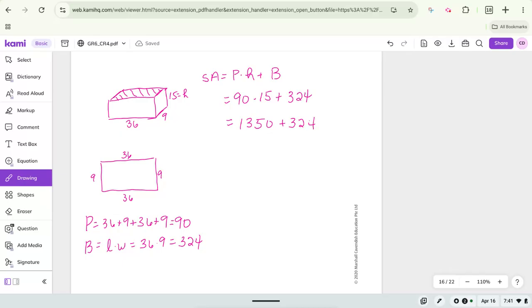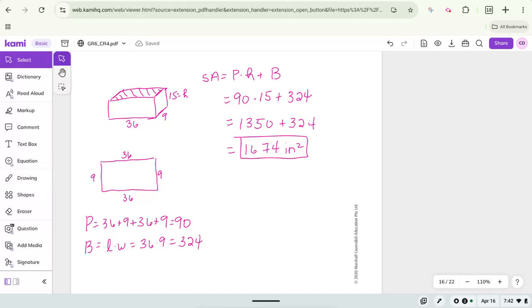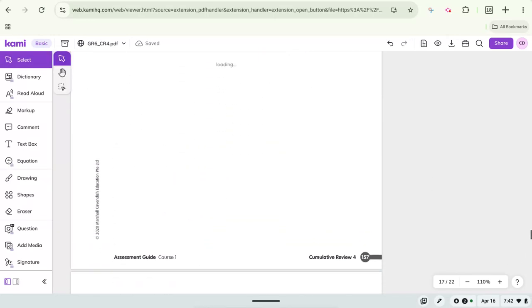And when you add that to 324, you get 1,674 square inches. All right, I'm going to save the bonus till last. I'm going to move on to number 21. We'll come back to that one.